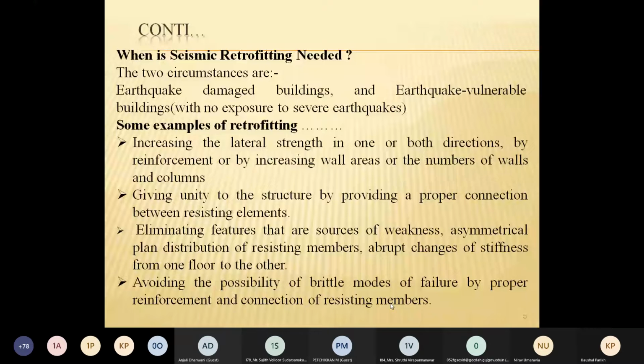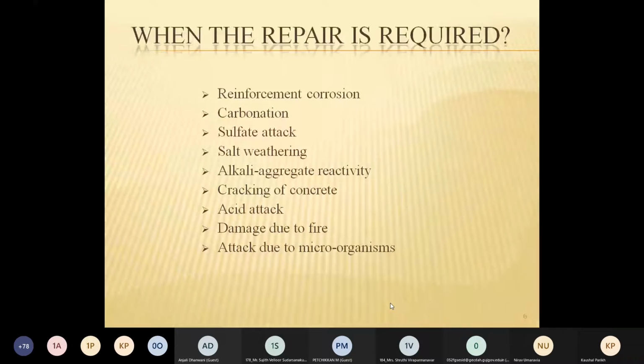Now, if we come back to repair: when is repair required? When the structure is subjected to corrosion, carbonation, sulfate attack, salt weathering, alkali aggregate reactivity, or cracking of concrete.